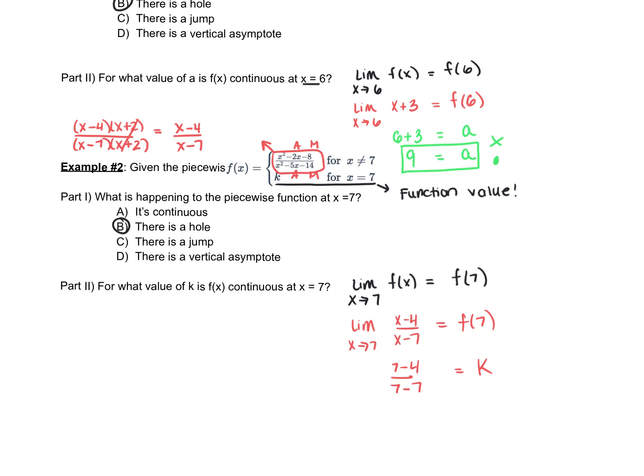So what happens here is very interesting. Notice that 7 minus 7 is 0. So we have 3 over 0 equals k. So this is actually not possible because we're not allowed to divide by 0.